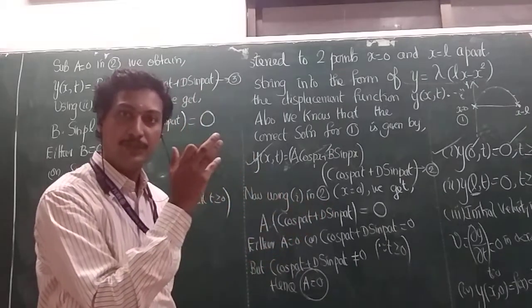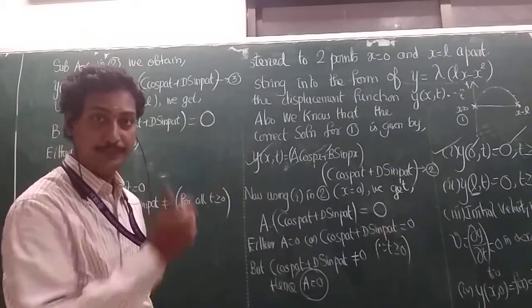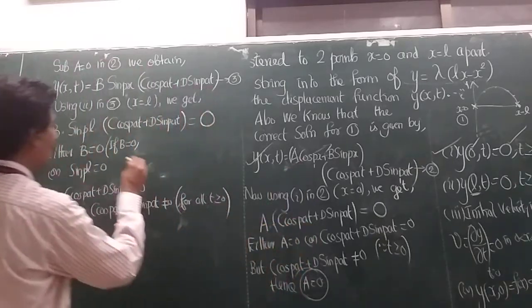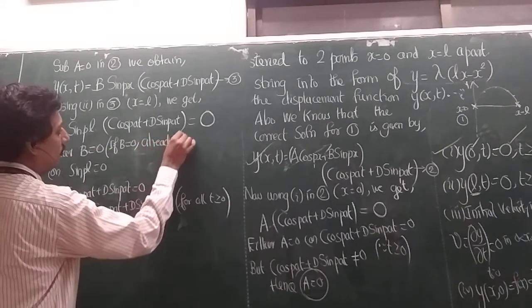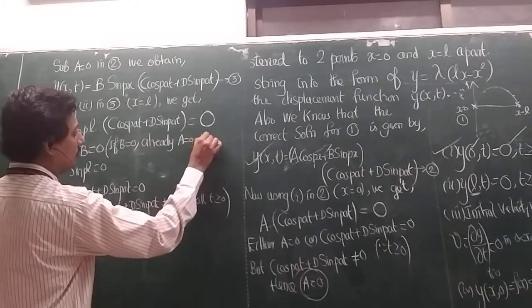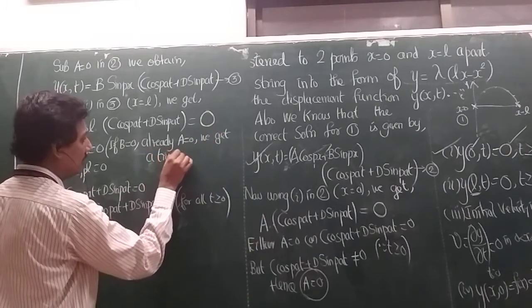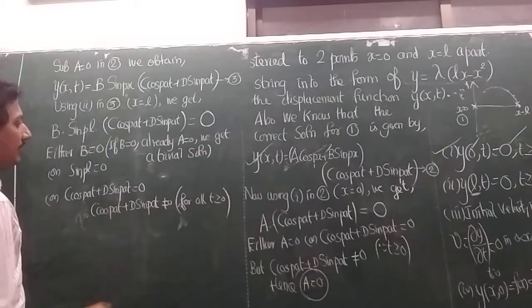So this is not correct. This is absurd. It is a contradiction to the given data. So if b equal to 0, since a is already 0, we get a trivial solution. This is the contradiction, so b is not equal to 0.